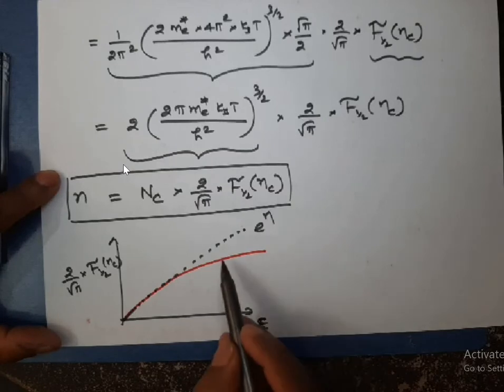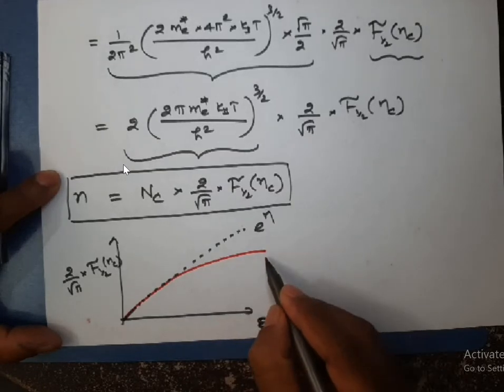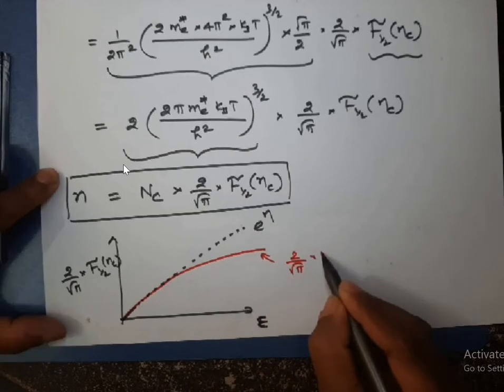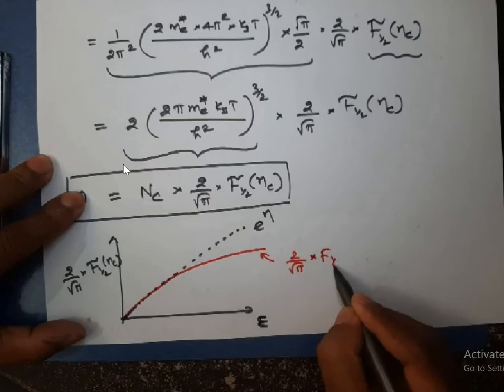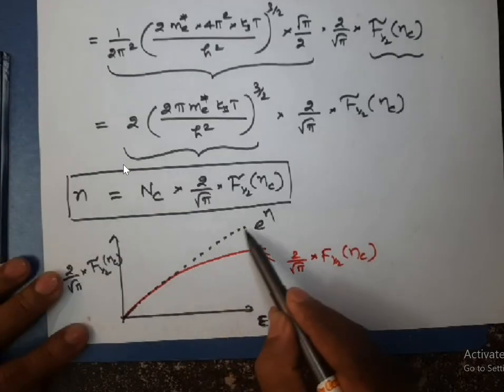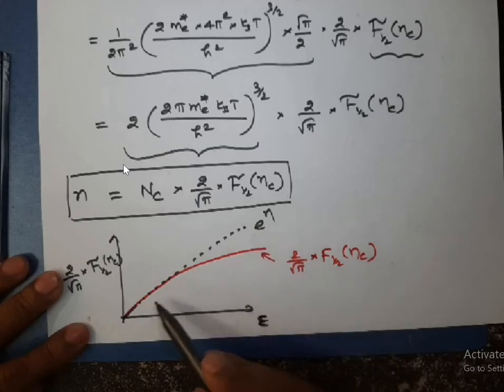This is actually 2/root pi and the Fermi-Dirac integral F_(1/2)(eta_c). See, this curve is the e^eta curve, and this is the actual curve that we have plotted.